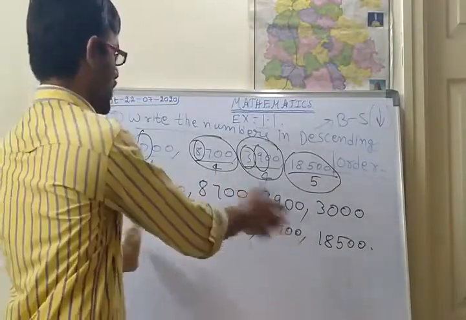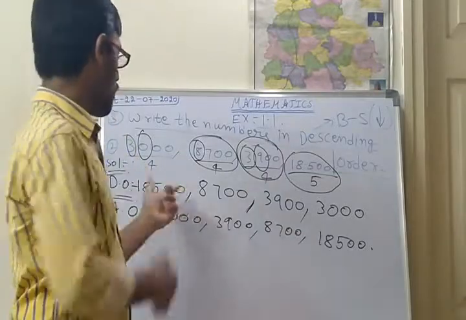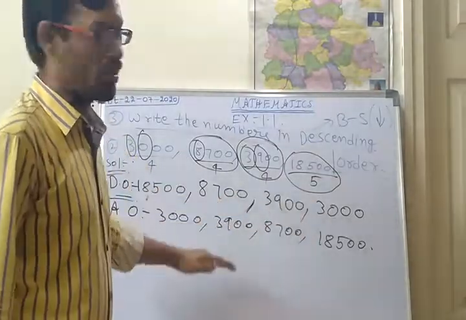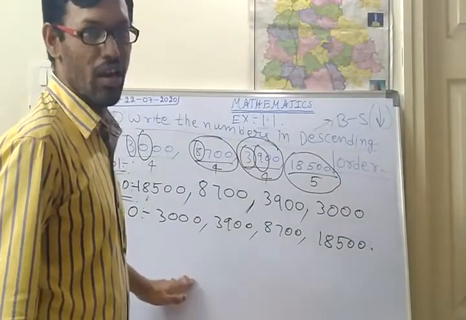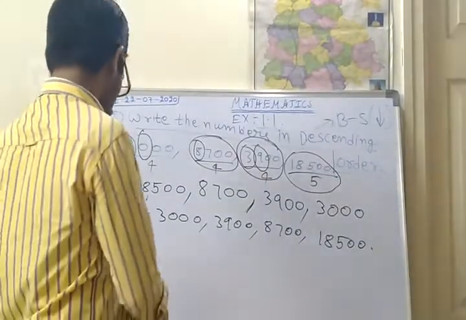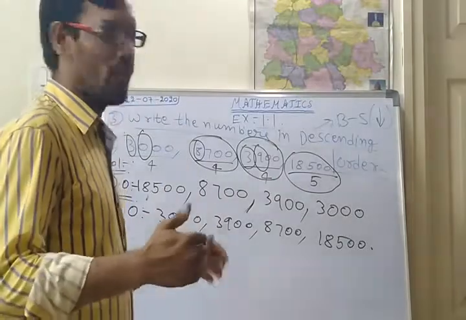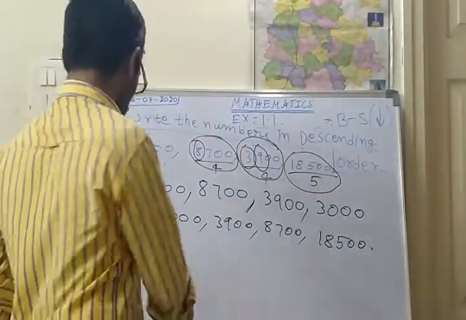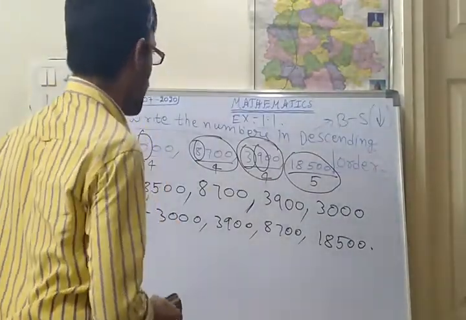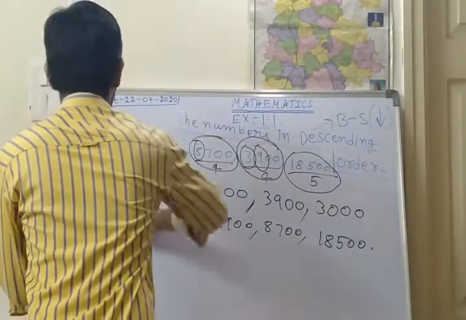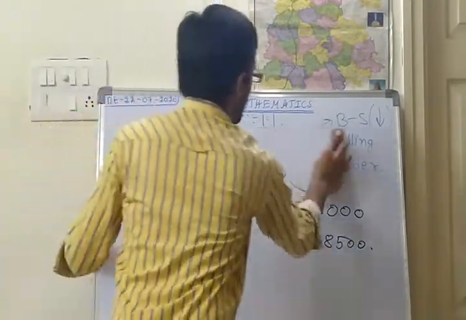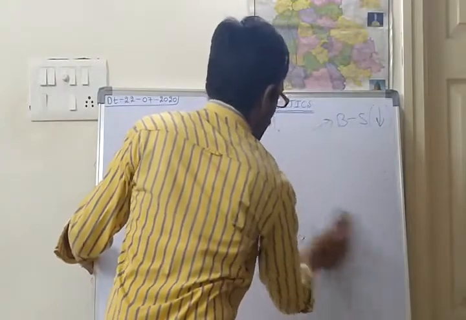So this is the ascending order and descending order topic. In the next class we shall see some more bits from this exercise. Now I am giving some homework. You note down and do those things from these bits only.